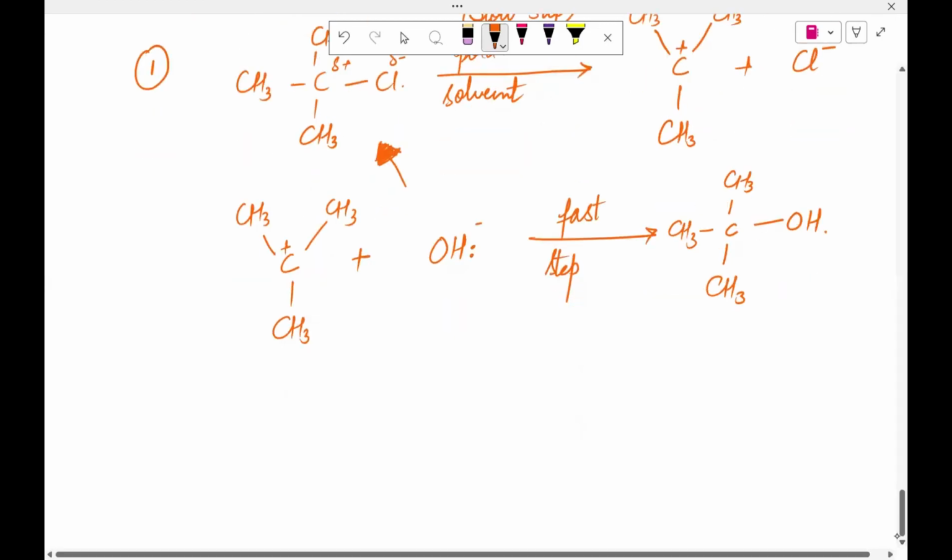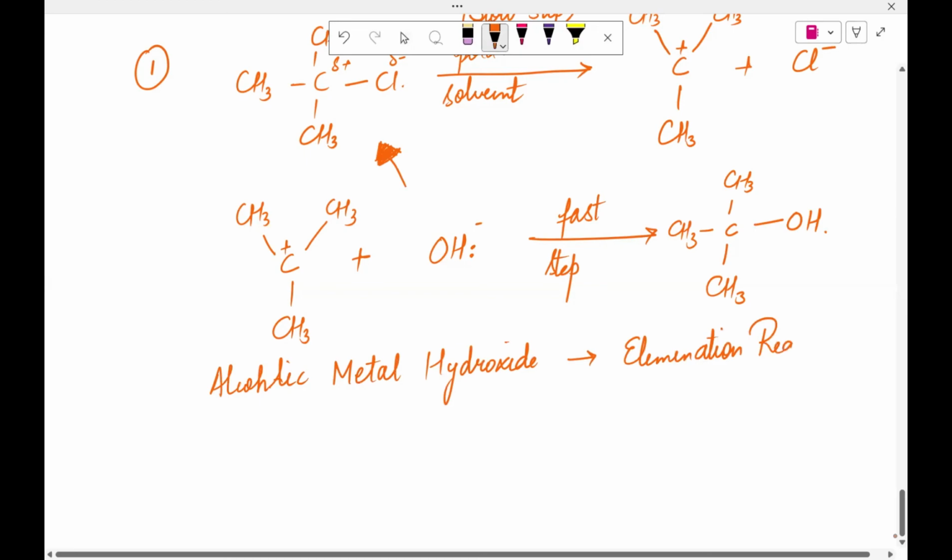So the last reaction that we are going to discuss now is with alcoholic metal hydroxide. And I have told you before, the alcoholic metal hydroxide would undergo an elimination reaction. Let's see how it is going to proceed.